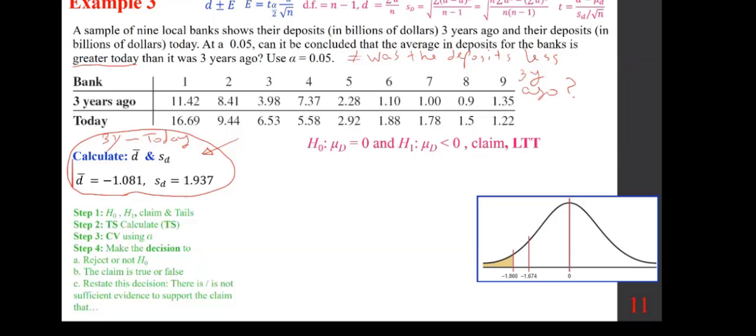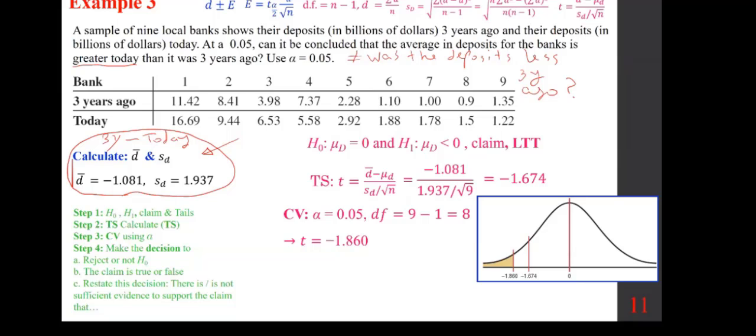Okay, so having said that, the next thing is to calculate the test statistic. You see the formula at top, you plug in. So we get negative 1.674. And the critical value comes from the choice of alpha, which is 0.05, and the degrees of freedom, which is n minus 1, 9 minus 1, or 8.